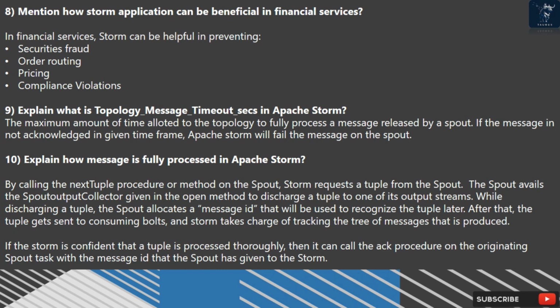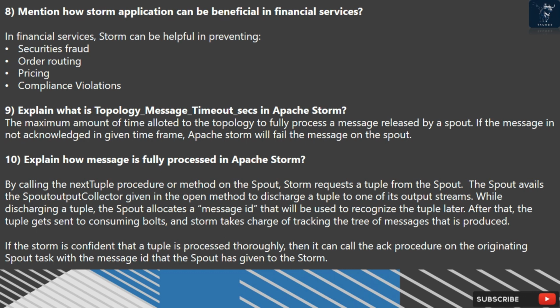10. Explain how a message is fully processed in Apache Storm. By calling the nextTuple method on the spout, Storm requests a tuple from the spout. The spout uses the SpoutOutputCollector given in the open method to discharge a tuple to one of its output streams.